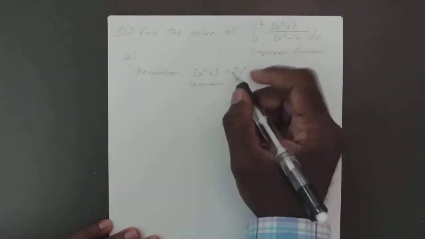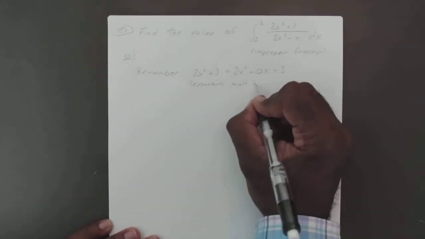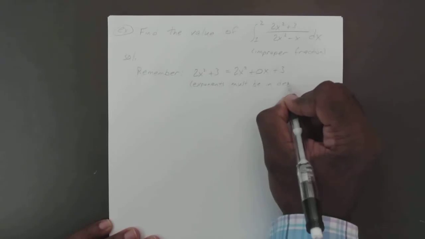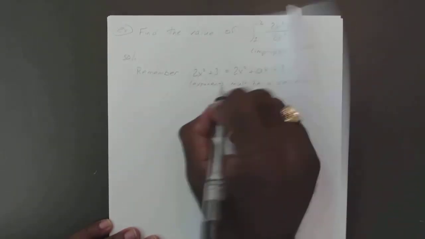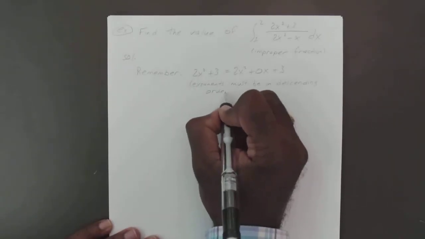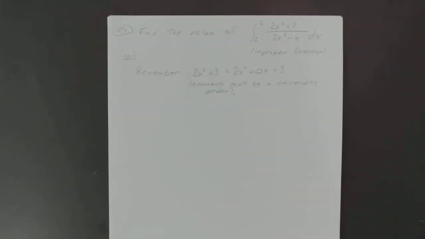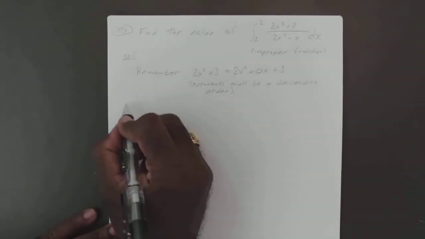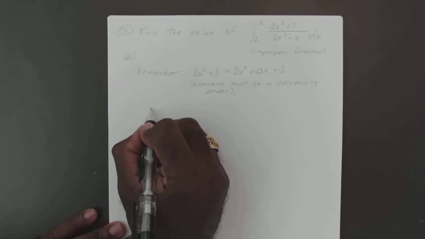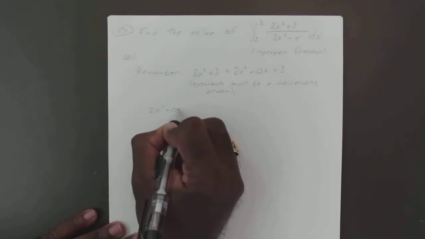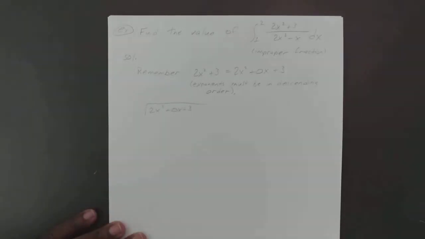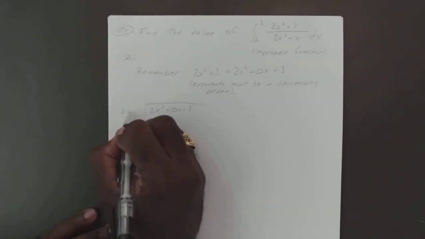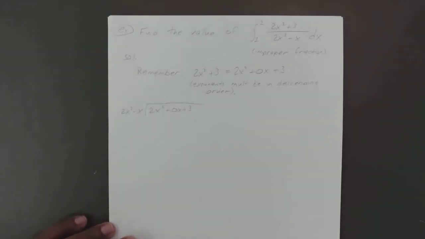Exponents must be in descending order. Okay, so that means we have 2x squared plus 0x plus 3 divided by 2x squared minus x.